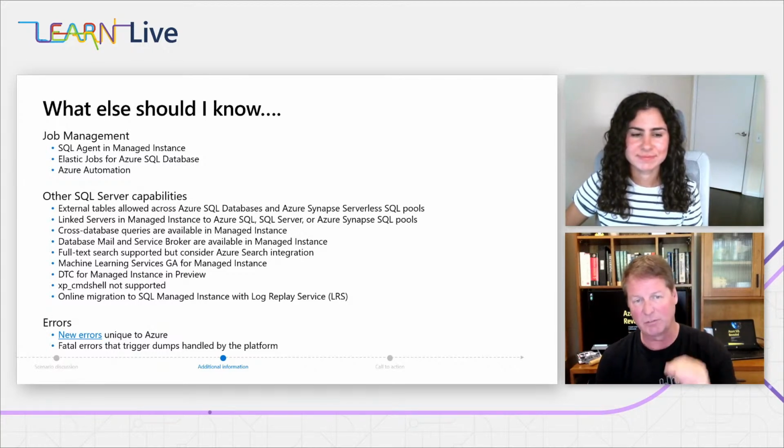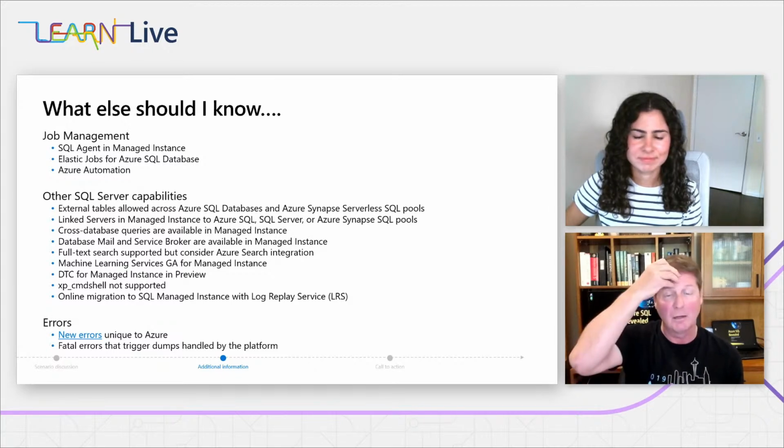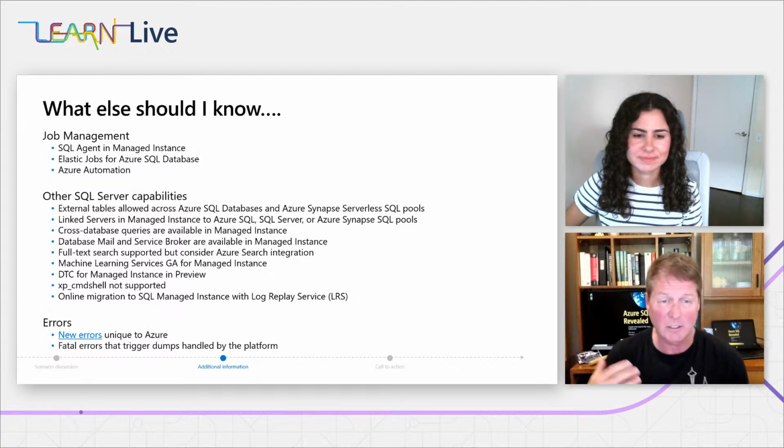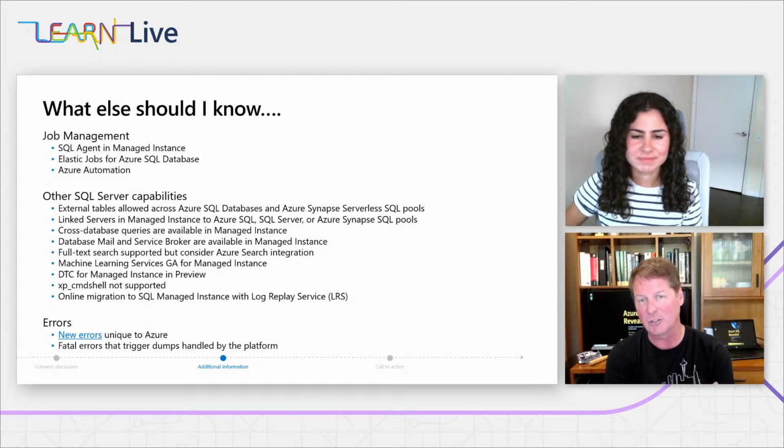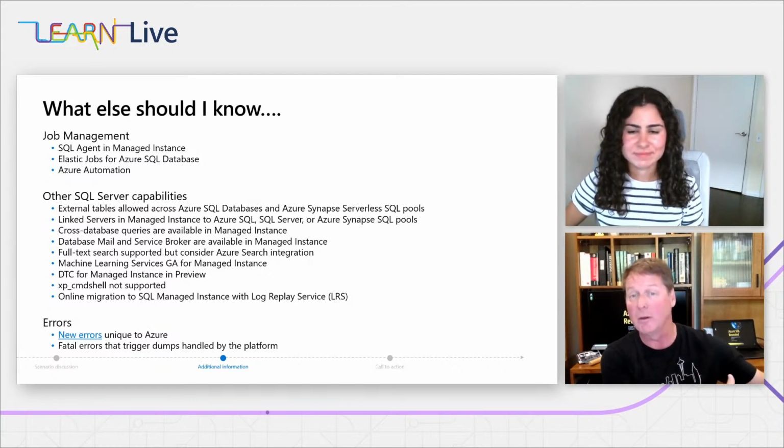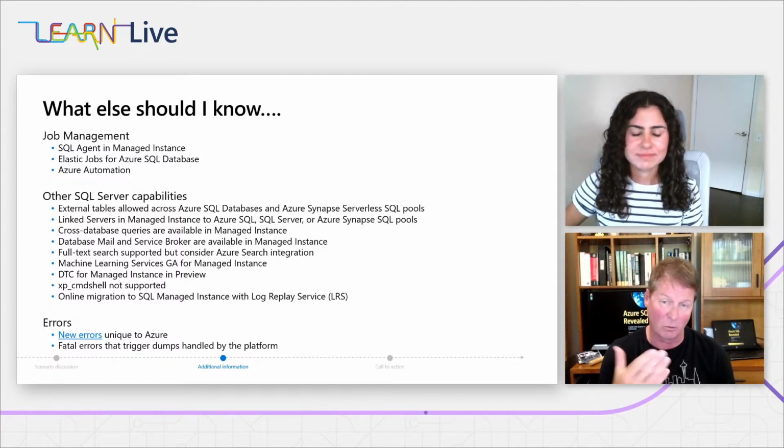But there are other SQL Server capabilities that are interesting for you to note. SQL 19 has this really cool thing called Polybase, and we don't have that full capability in PaaS yet. But you may not realize this, you could do an external table, something like you could do in Polybase, across Azure SQL databases or even into a serverless SQL pool in Synapse. It's a really interesting scenario where you're effectively building a cross database type query to another Azure SQL database or to serverless.